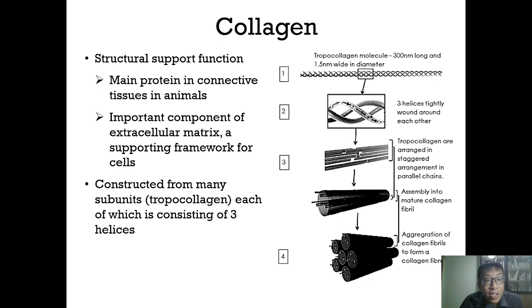So collagen is one of the important components of this matrix. The collagen is made up of repeating subunits called tropocollagen, which itself consists of 3 polypeptides twisted together to form a triple helix. So we will look at the structure in a bit more detail later.